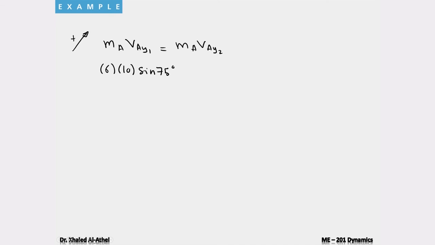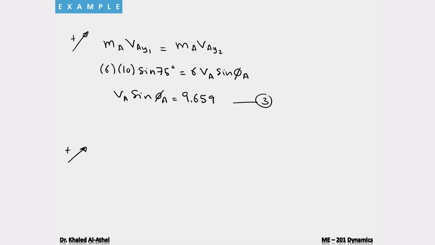Okay, so 6, the mass, times 10, the velocity, sine 75, should equal, the final velocity is also positive in the y-axis, going to be 6 VA sine phi A. Therefore, VA sine phi A should equal 9.659. This is the third equation.